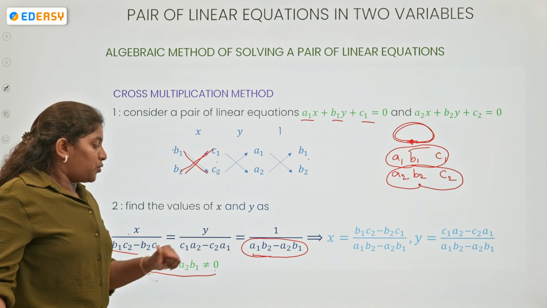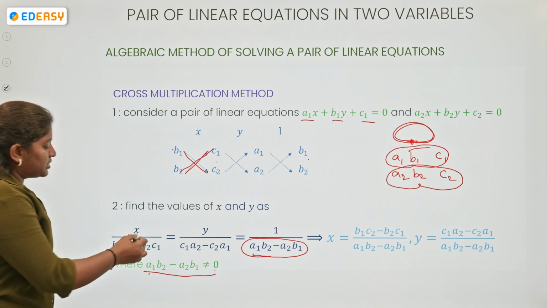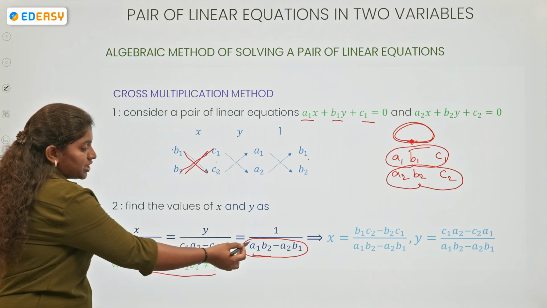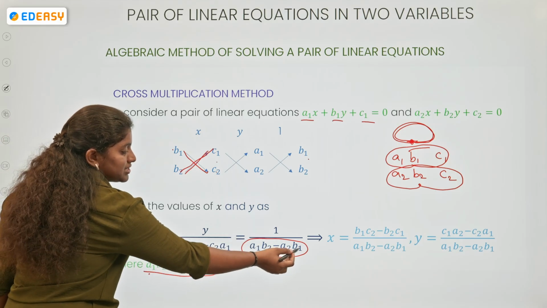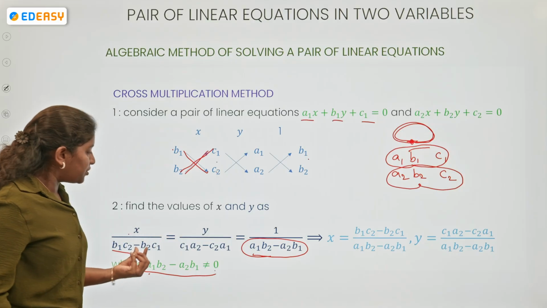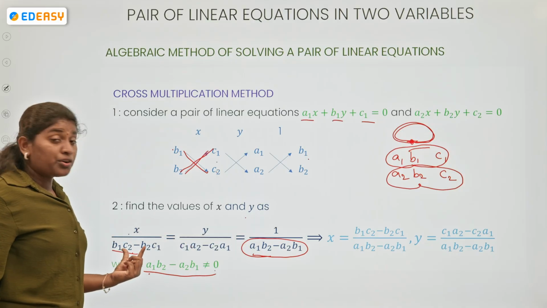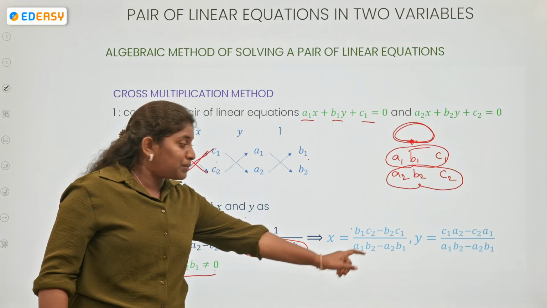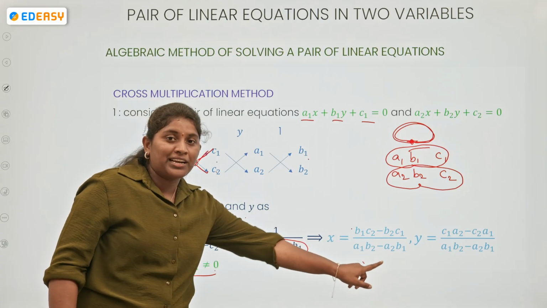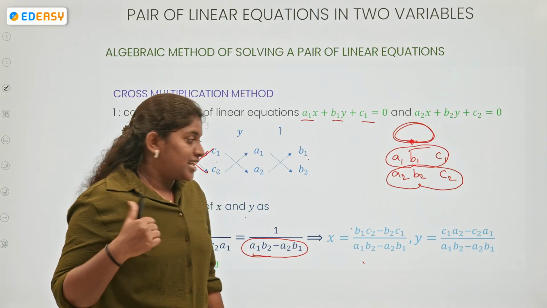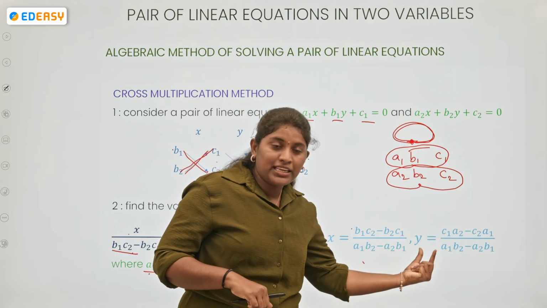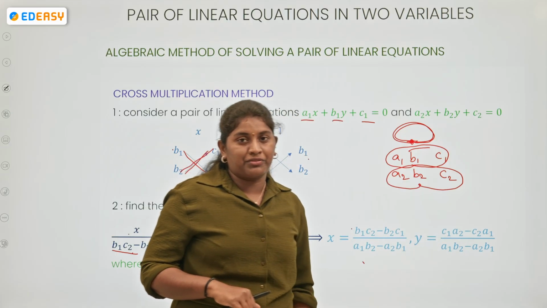Now, how will we get the x value? Just take x by B1C2 minus B2C1 equals 1 by A1B2 minus A2B1. After doing the cross multiplication, 1 is multiplied with the numerator, so x is given by B1C2 minus B2C1 by A1B2 minus A2B1. Next, y is given by C1A2 minus C2A1 by A1B2 minus A2B1.